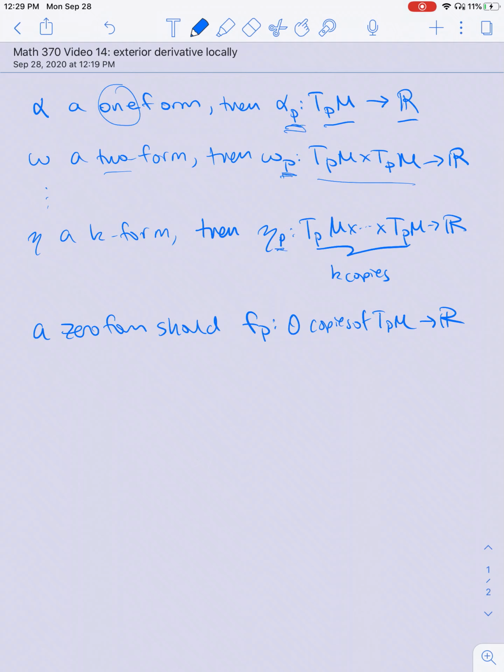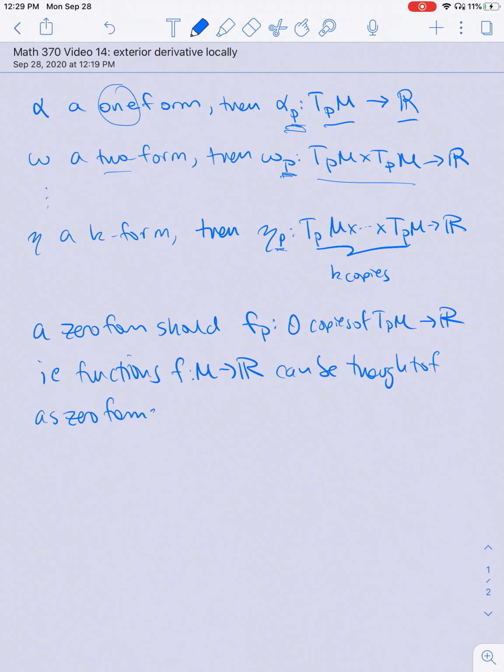So what I'm basically saying is that in this analogy, functions should be thought of as zero forms. And there's something that we know how to do to a function that we don't quite understand how to generalize. We know how to just take the derivative of a function, but we have this way of turning a function into a one form. So functions can be thought of as zero forms.